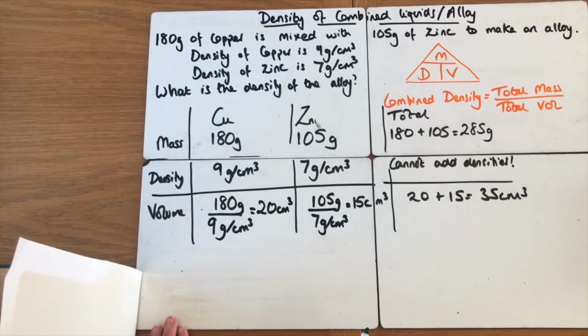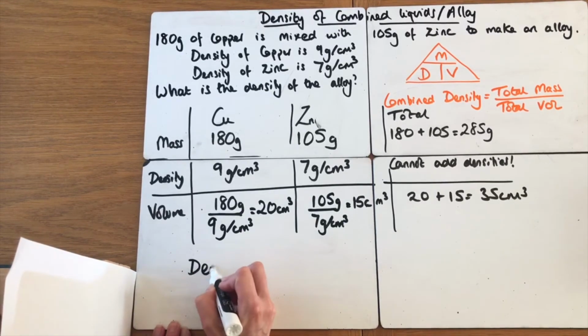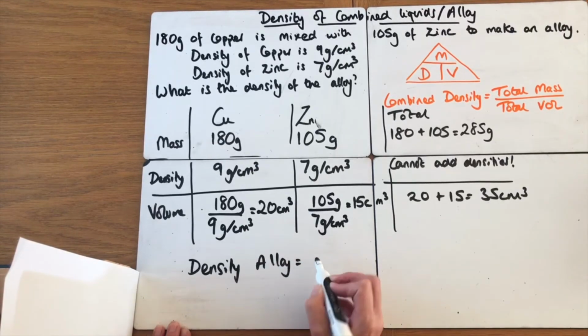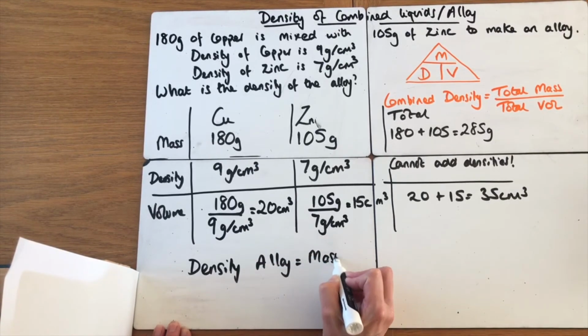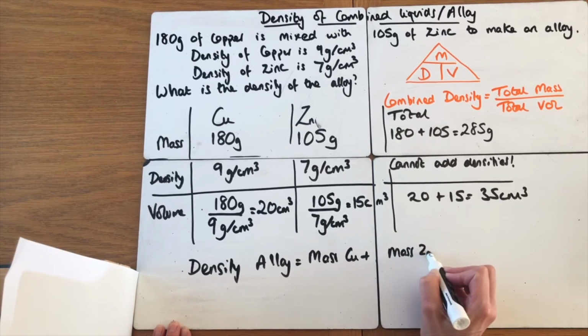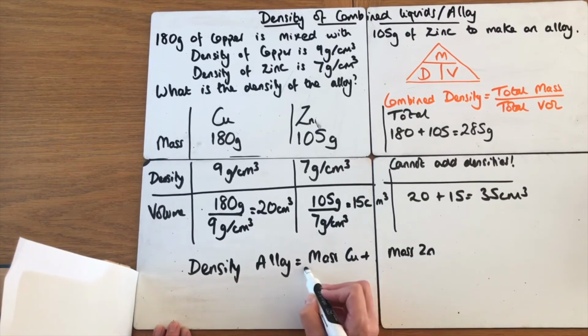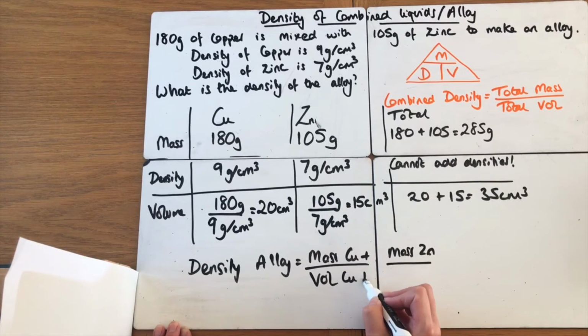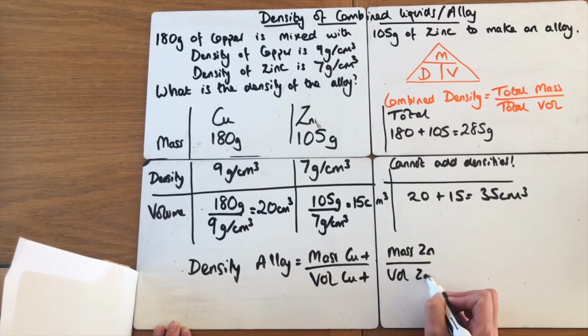So now we've got all the information that we need, we can work out the combined density, which is the density of our alloy. So that's going to be the total mass, so the mass of our copper plus the mass of our zinc, over the total volume, so that's the volume of the copper plus the volume of the zinc.